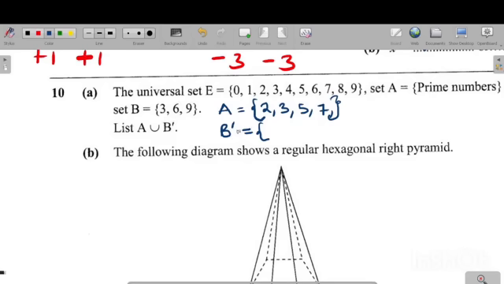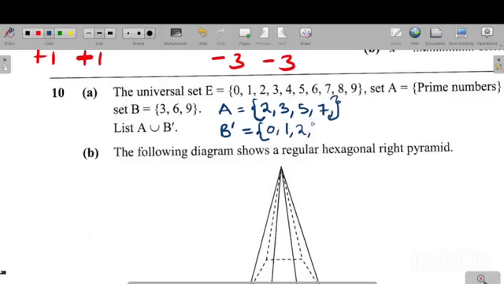So B complement, we have 0. 1 is not found in B. Then 2 also is not found in B. Then 3 is found in B. So because 3 is found in B, we will not put it here.